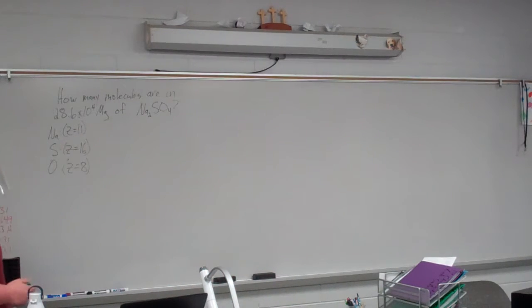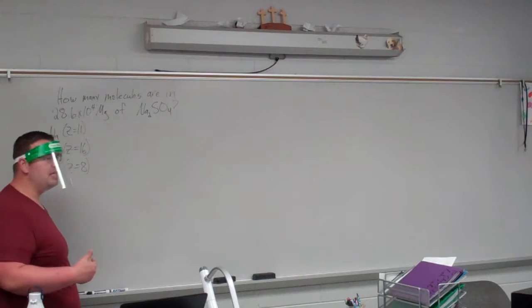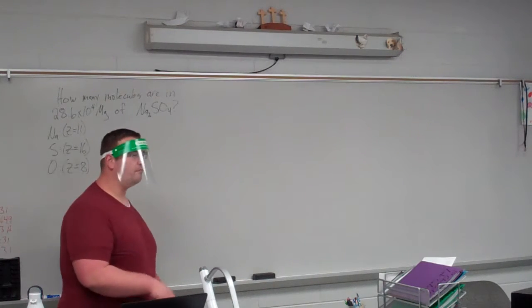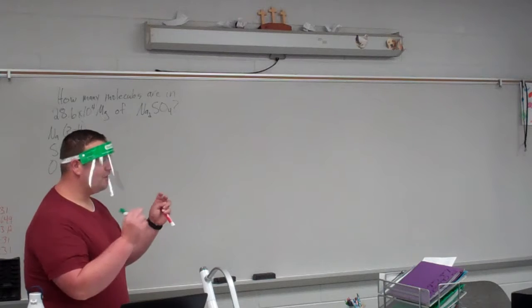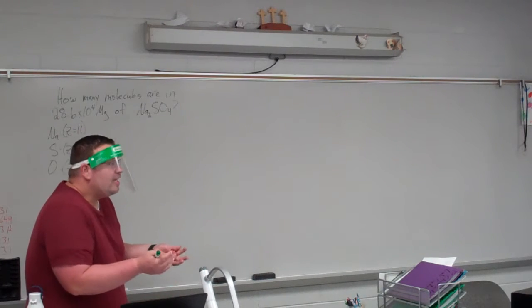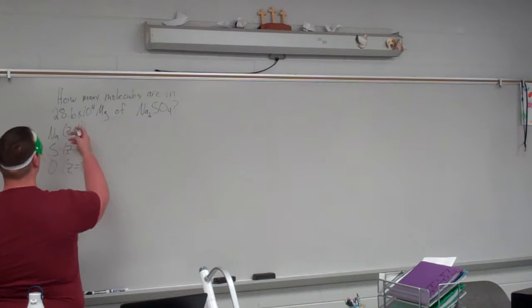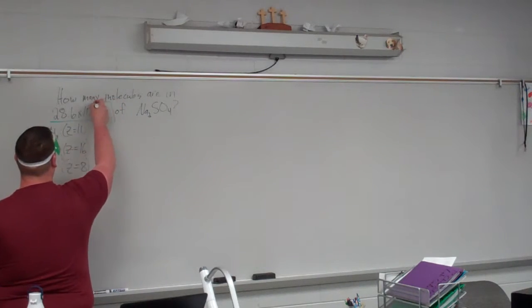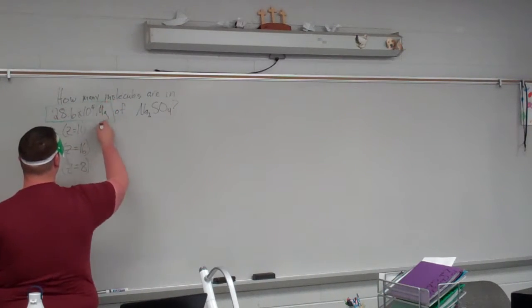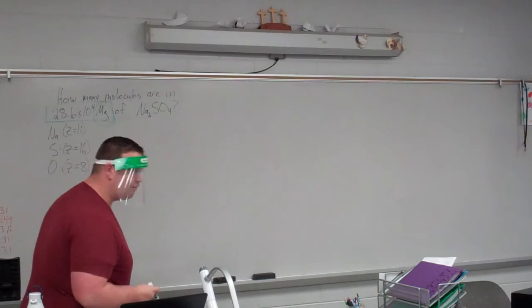This is what you've got to find. Where are you starting? I love to do this to help you. I give you the problem, find where you're starting. Look at the number. Look at the units that are with the number. What is that a unit for?